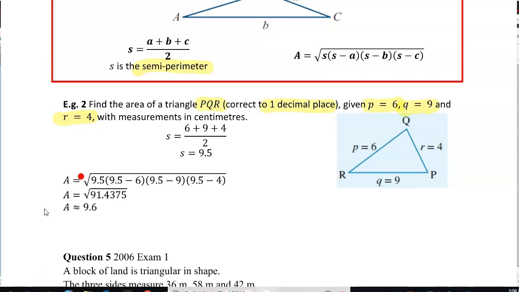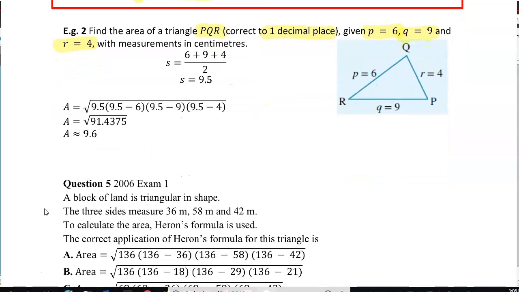So area equals square root of 9.5 times 9.5 take away 6 times 9.5 take away 9 times 9.5 take away 4. So you can see it's all those sides there. So area is equal to square root of 91.4375. So our area is approximately 9.6 square centimetres.